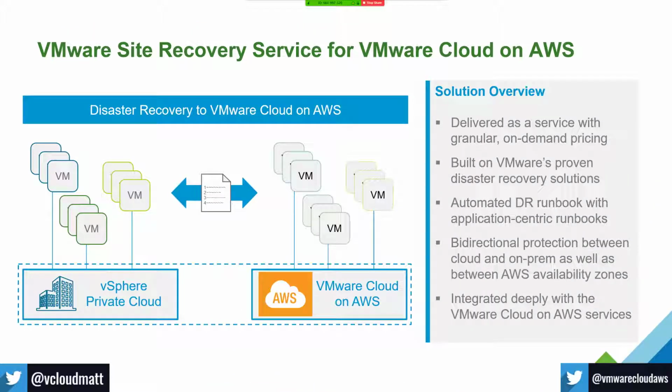So VMware Site Recovery Service, I talked about this a little bit. This is a very, very popular service we have right now. This is essentially SRM in the cloud. So what you do is you activate this service, you download an appliance, an OVA, and install it on-prem, which is essentially SRM. And all of those features from SRM, not all of those features, a little bit of a caveat there.